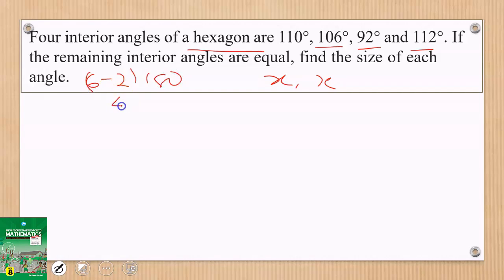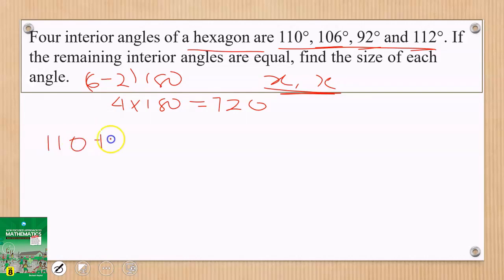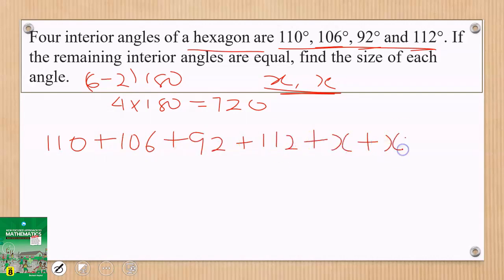And 6 minus 2 means 4. 4 times 180 will give us 720.